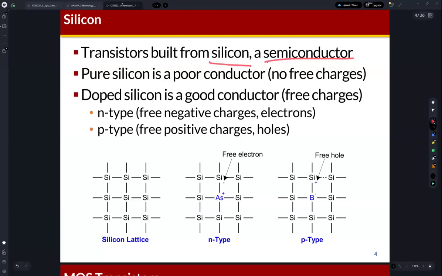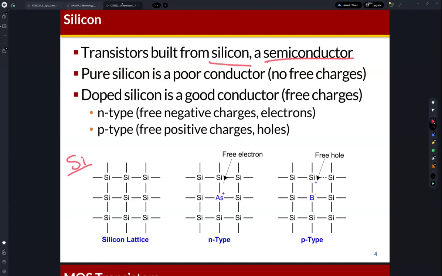Silicon includes 4 electrons in the last outer orbit, so it does not have enough free electrons. The silicon atoms are connected to each other in 4 directions. But if we add some other materials, we can change the characteristics of silicon.